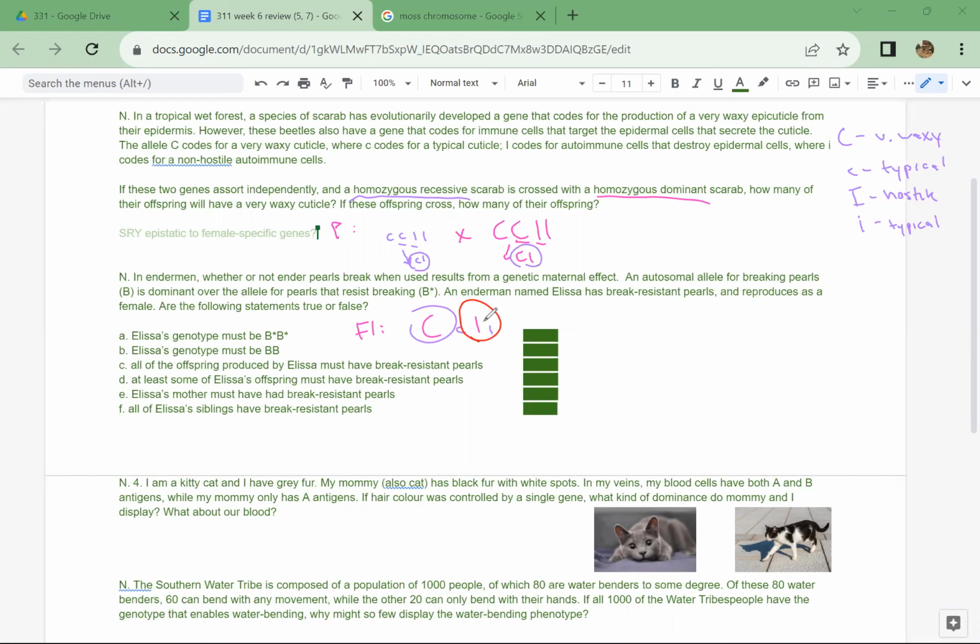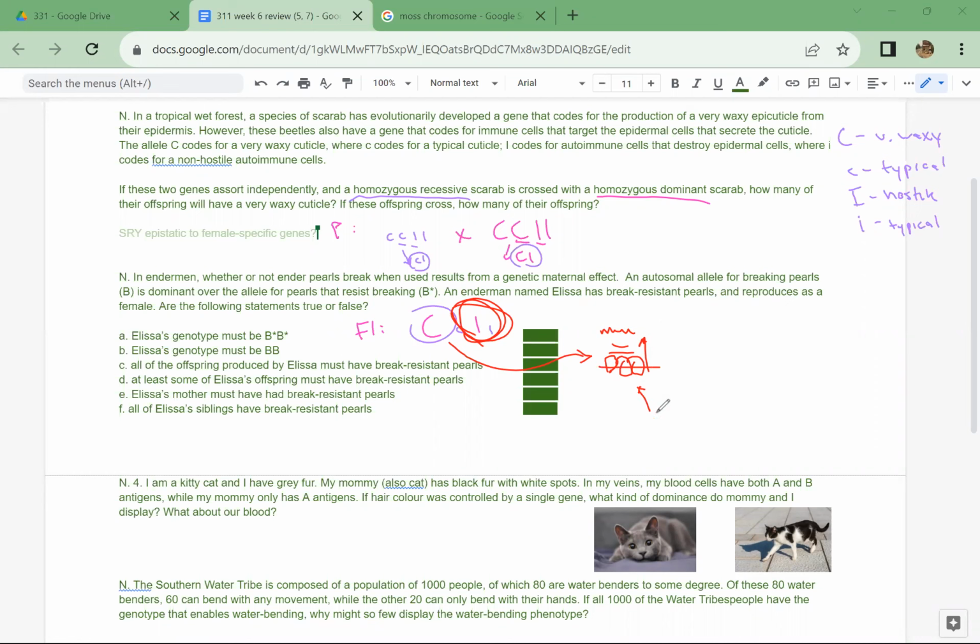And so even though we have the genetic ability to produce a very waxy cuticle, so we have our cells, just like we saw, we have some layers, and we have our very waxy epicuticle. Even though we have the genetic capability to produce this, the gene at this locus has an effect that overpowers this pathway because it stops it from happening.